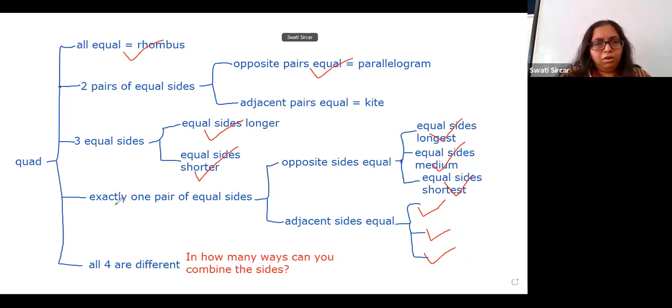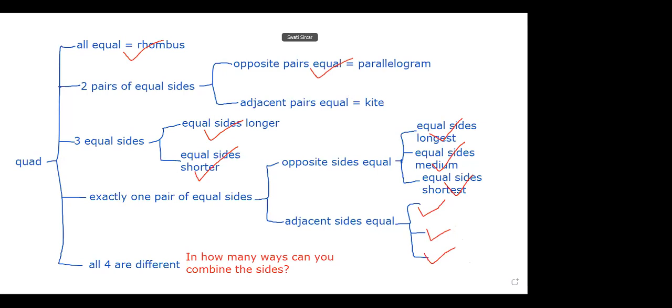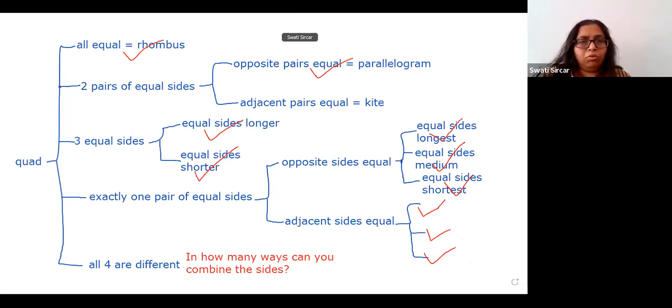Now, when we have a kite, can a kite have parallel sides? No, ma'am. Yes. We have got both no and yes. So let's take a look at a kite.